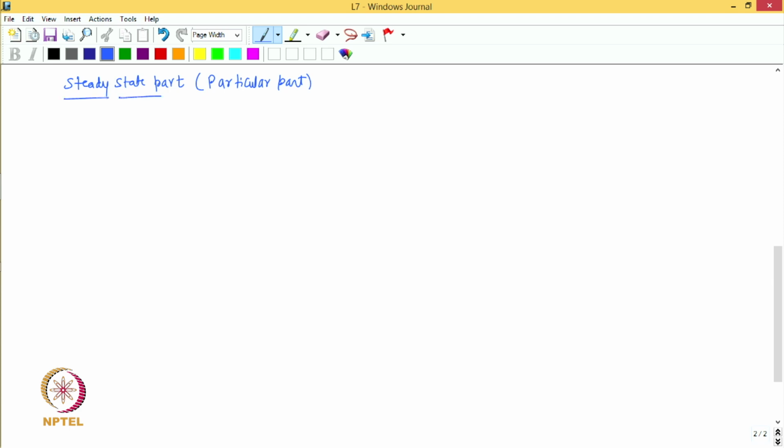Now we are going to use the method of complex exponential to find the steady state part. This method we have discussed earlier.